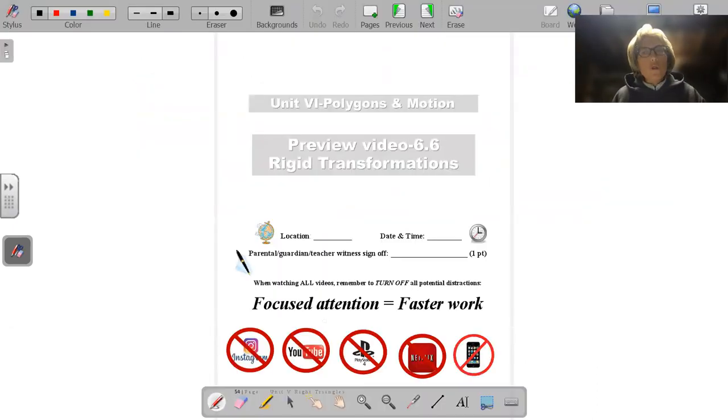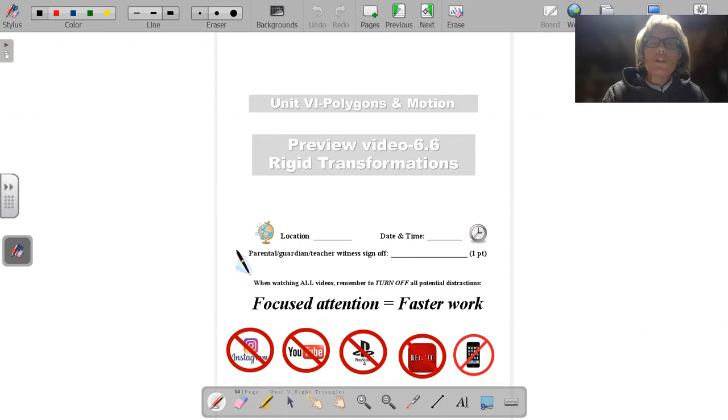Transformations is motion on a coordinate plane. This is the very basic introduction to things like computer graphic effects. It's how do you mathematically program motion when you can't physically move things around?